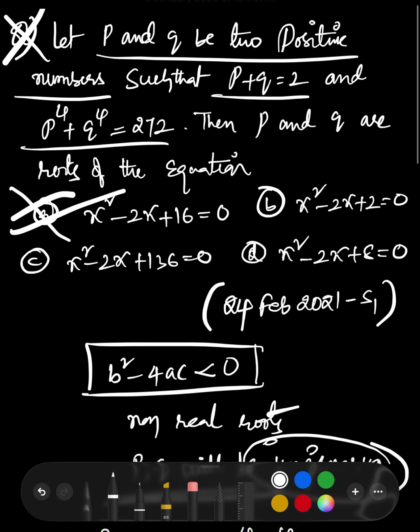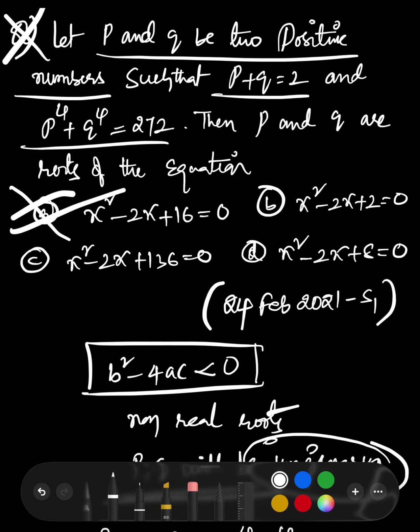So based on the question, it is very clear that it is a wrong question. If, instead of giving two positive numbers, they had given let P and Q be two numbers, whatever they may be, real or imaginary, then this question might be correct.